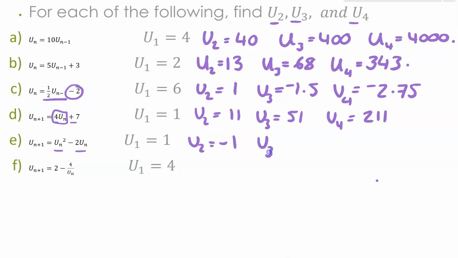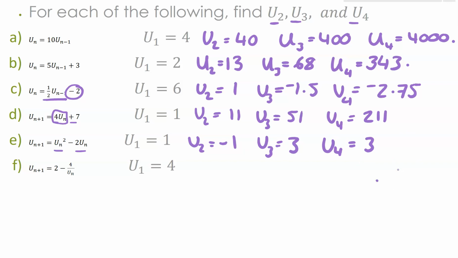The next one would be minus 1 squared, take away 2 lots of minus 1. Well, minus 1 squared is positive 1. I'm going to get a minus, so a plus 2. So that's going to give me 3.